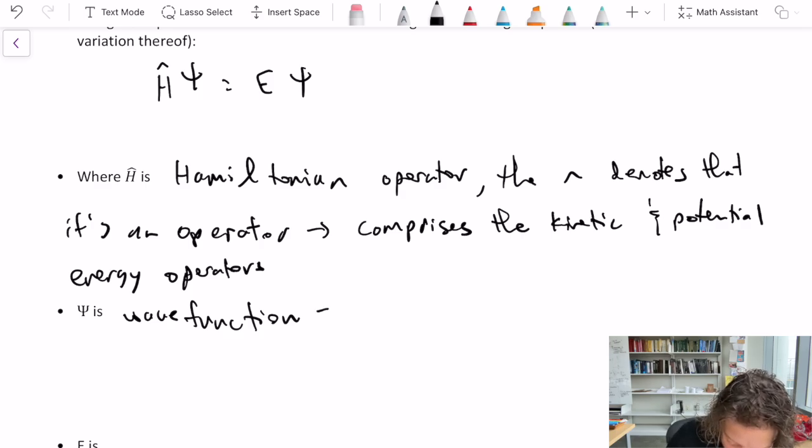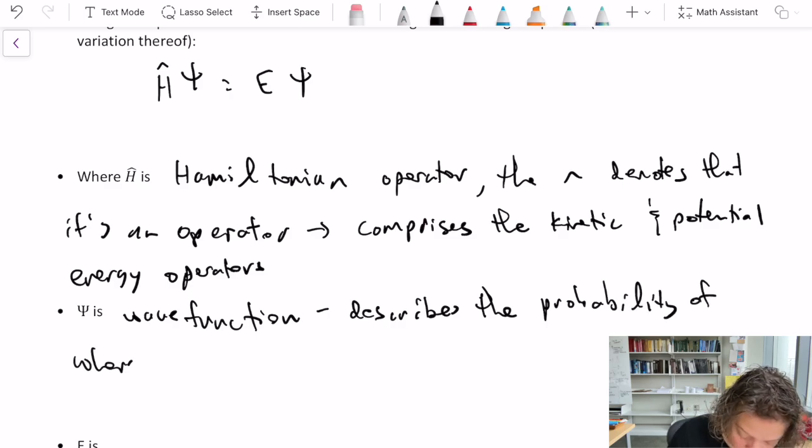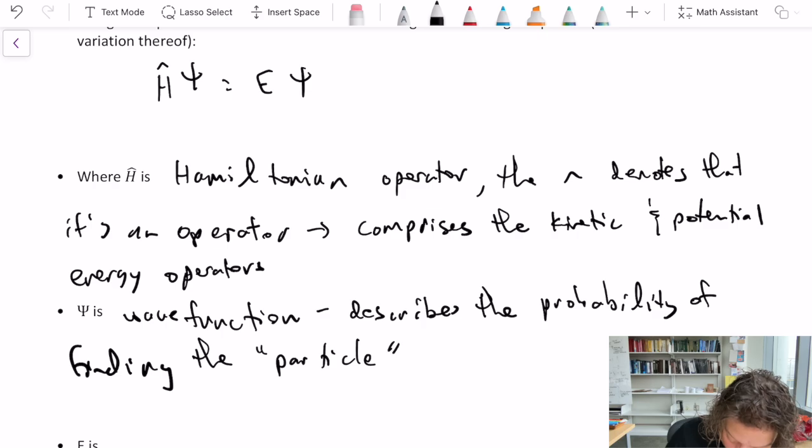It describes the probability of, I should phrase it a little more technically, finding the particle, and I'll elaborate on what that is in just a minute, in some location.